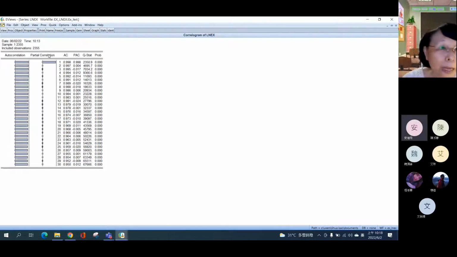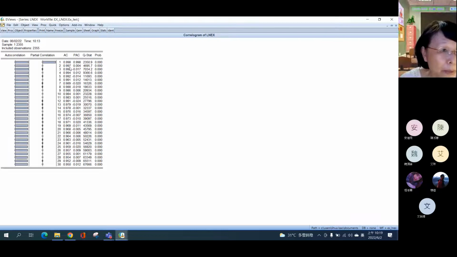Okay. So actually, we just look at the autocorrelation numbers. Usually the autocorrelation will smoothly reduce; you can see the first lag is 0.998.